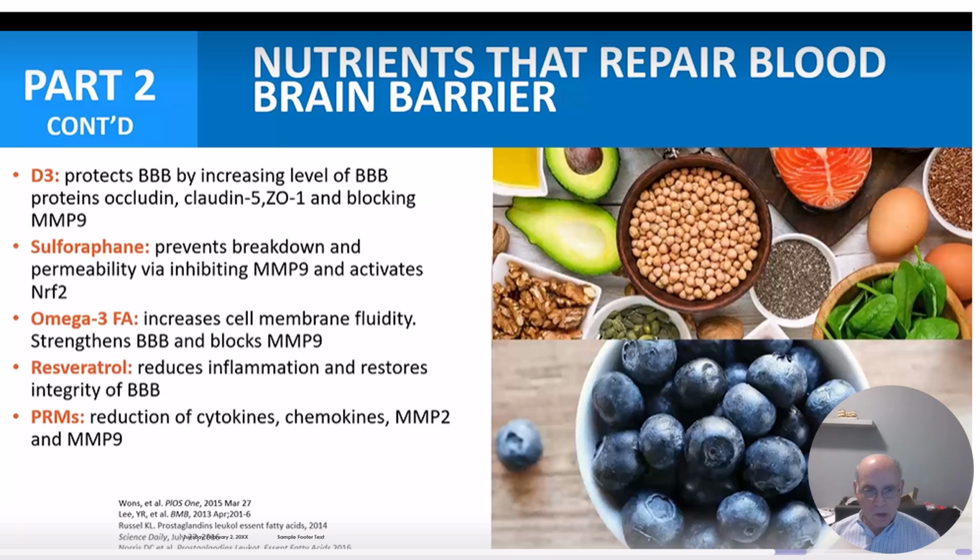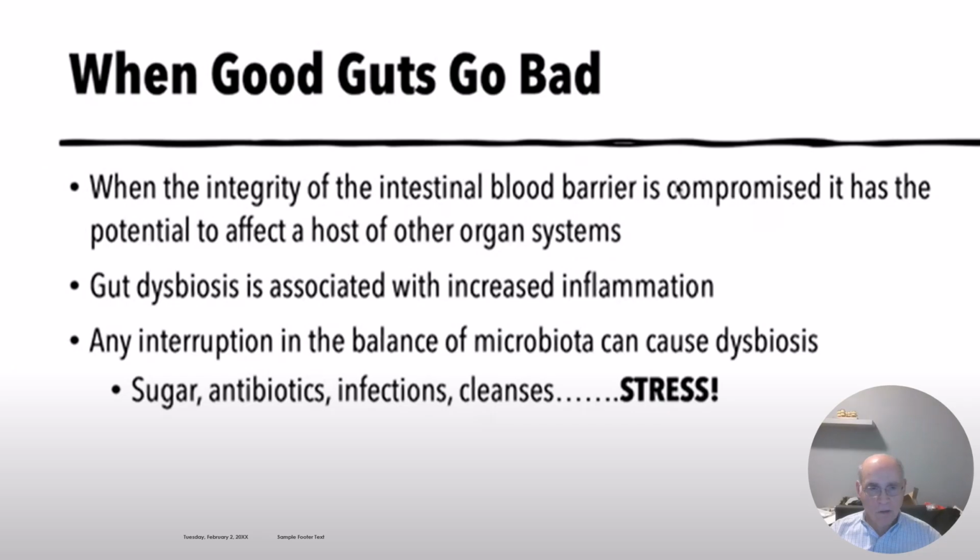And these pro-resolving mediators, or SPMs, here they're referred to as PRMs, but pro-resolving mediators, once again in the conversation or the slide on inflammation, they're 100 times more anti-inflammatory than fish oil. So in difficult cases, I do recommend the use of pro-resolving mediators.